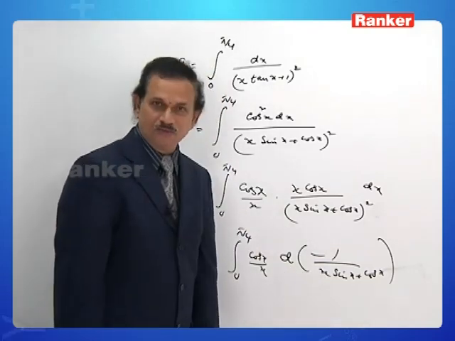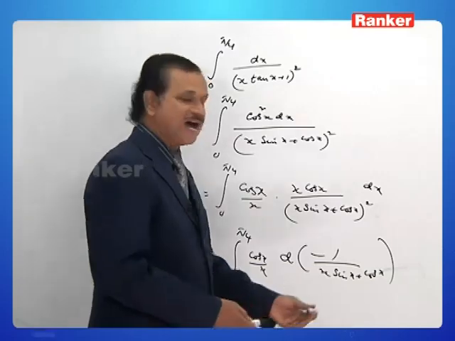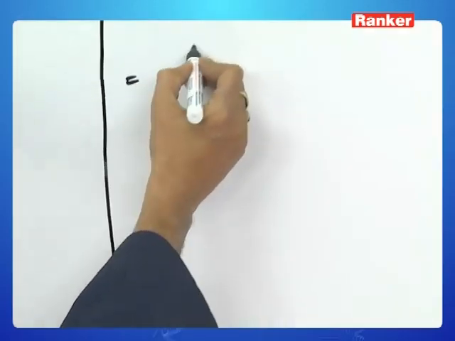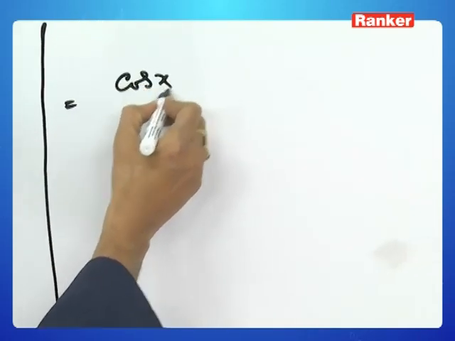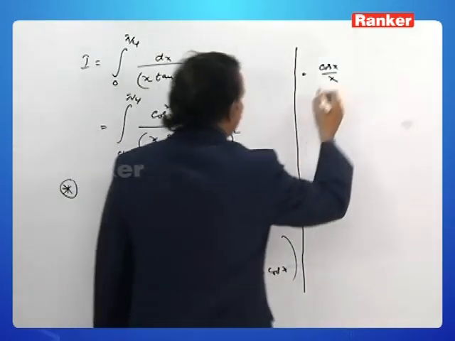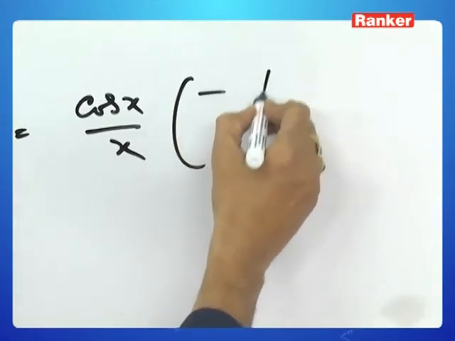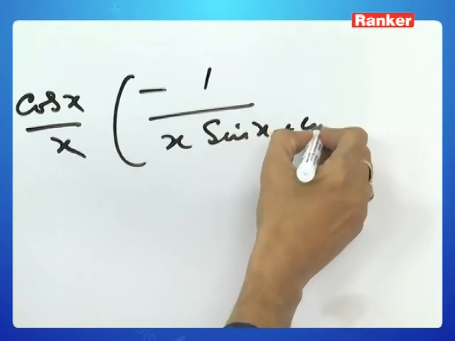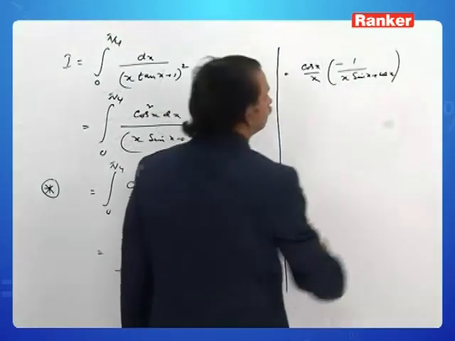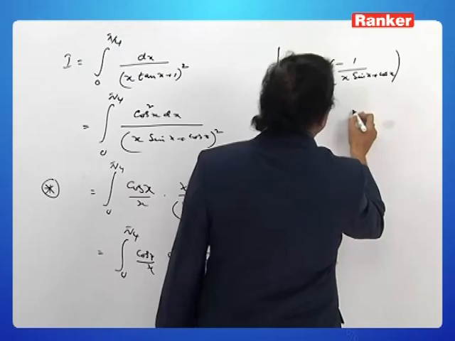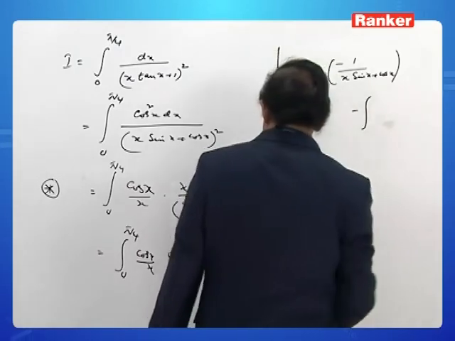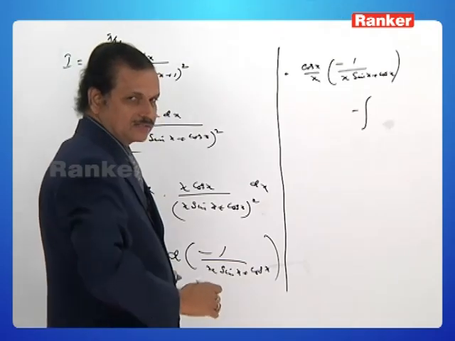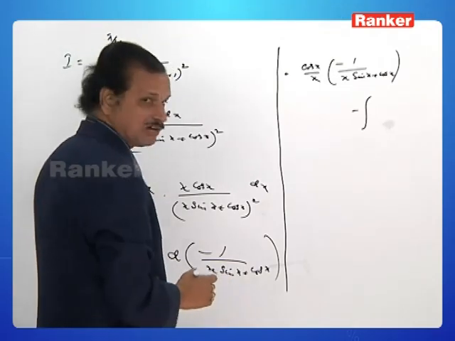Now I like to use integration by parts, taking this as f of x and this as g of x. Come on. This is equal to cos x by x into minus 1 by x (x sin x plus cos x), minus integral of f dash x, cos x by x. Come on, UV formula you can make use of.